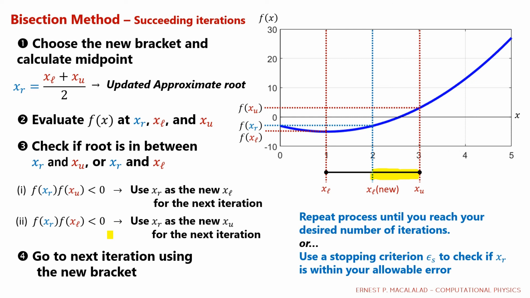In this case, we can set our stopping criterion explicitly, for example, the error should be less than 0.1%, or we can determine the approximate error Ea using the formula proposed by Scarborough, just like what we discussed before.